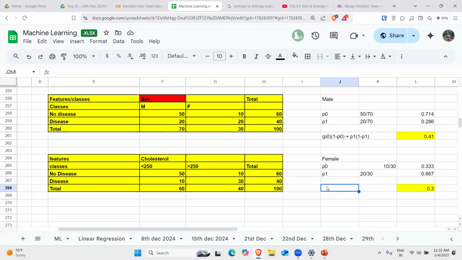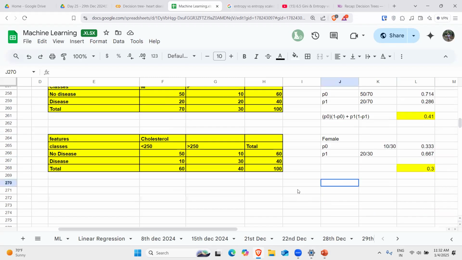Now, how do you get overall impurity for the attribute sex after a split? You can aggregate the Gini impurity of these two nodes, that is 0.41 and 0.3, by taking a weighted average of the impurity of the male and female nodes. This time probability of male will be 70 by 100, which becomes 0.7, and my probability of female becomes 30 by 100, and that becomes 0.3, right?